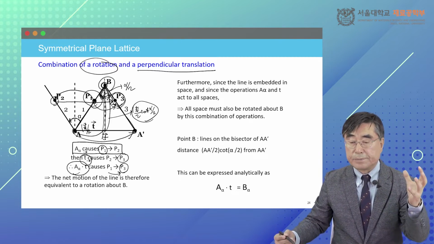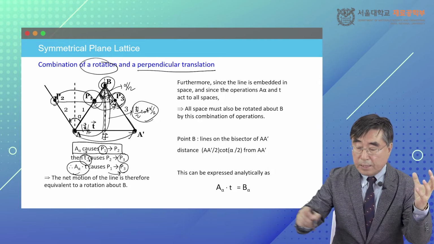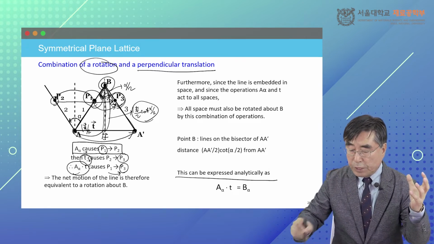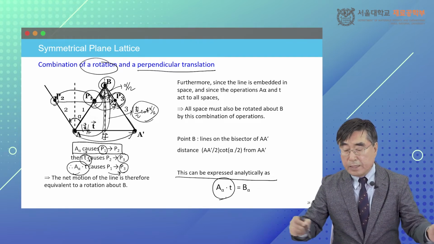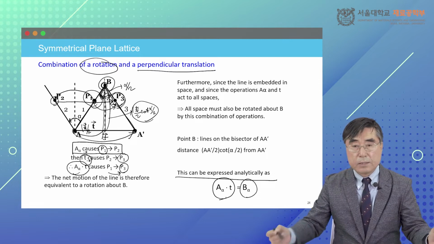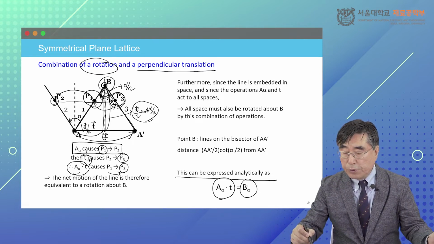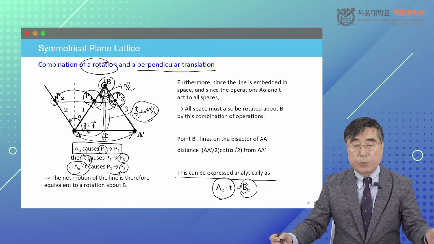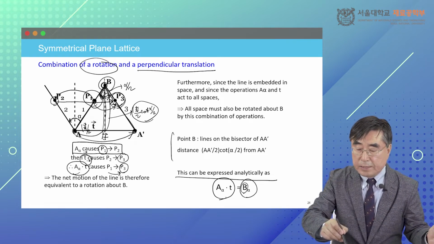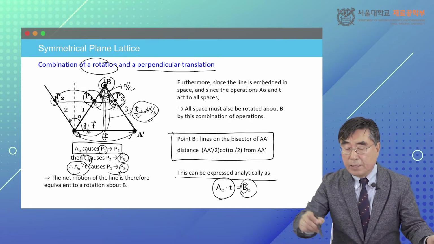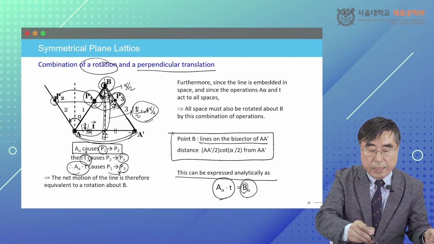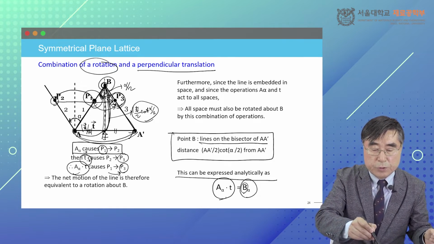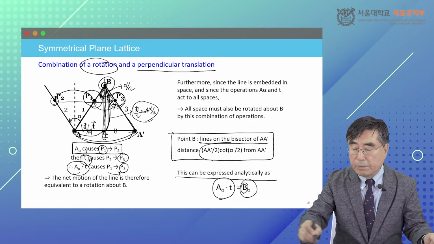What it means is that any rotation operation and translation is the same as one rotation operation at the point B, and this point B lies on the bisector of AA prime, the bisector of these vectors, and the distance from this point to B is expressed by this.